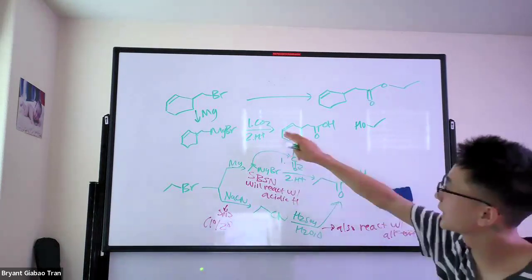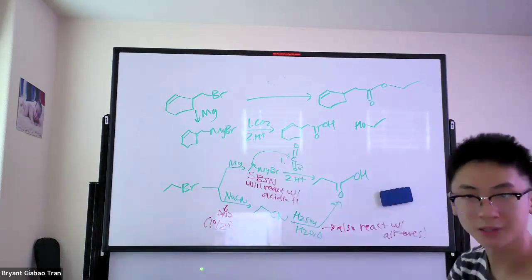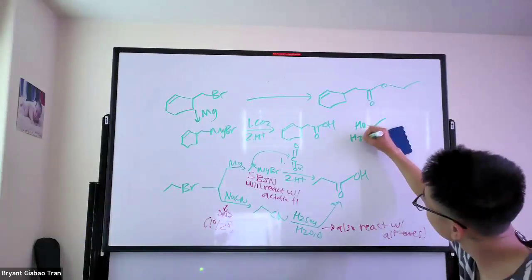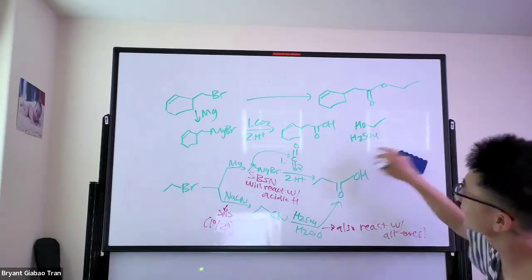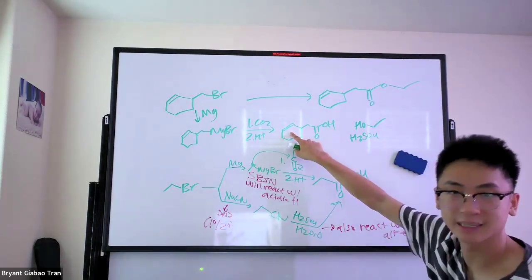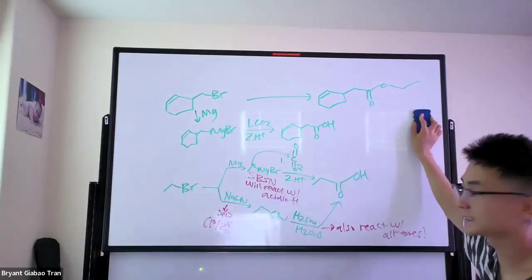Because acid will react with the alkene to hydrate it, Markovnikov addition of an alcohol. So we cannot do Fischer esterification here, right? Because if we do H2SO4 and heat or something like that, the H2SO4 will react with the alkene instead. We cannot do Fischer esterification here because it requires an acid catalyst.